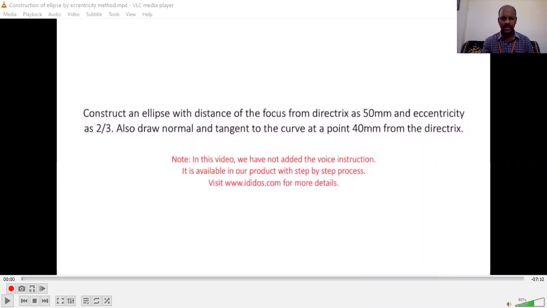What are the different parameters and data involved, and how the problem is given in the exams. If it is given in this pattern or some other pattern, how to solve it. Let me explain to you.